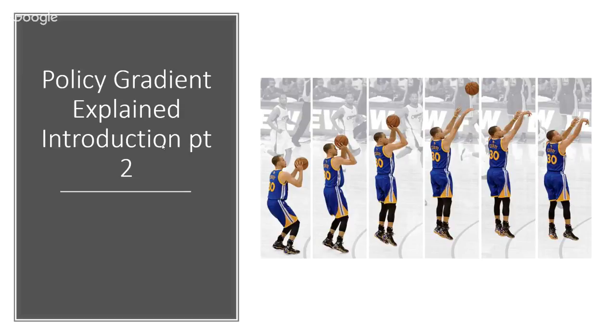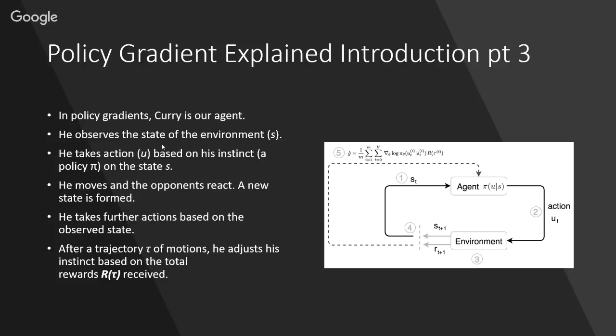Now, in policy gradients, let's say Curry is our agent. He observes the state of the environment. He takes the action based on his instinct, his policy, on the state S. He moves and the opponent reacts. A new state is formed.